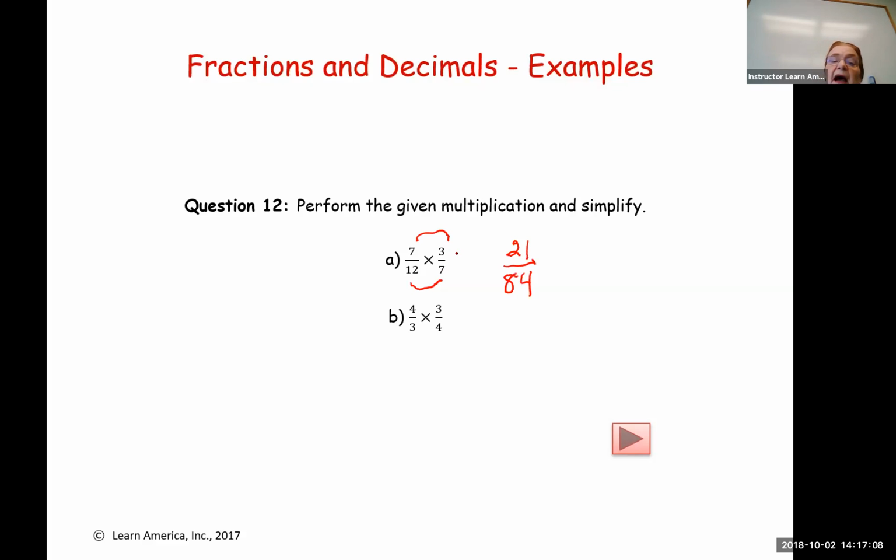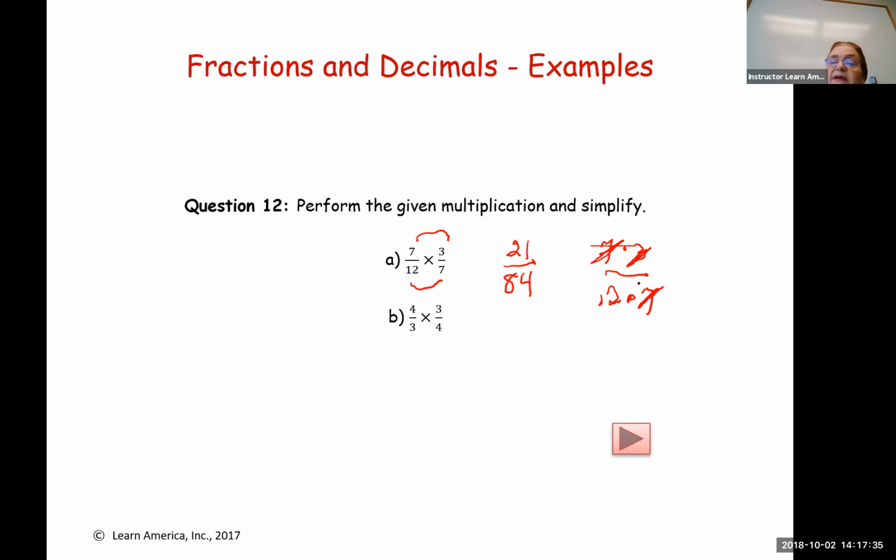But we also have the option, if we see that, for example, we know the numbers on the top are going to wind up on the top of the answer, the numbers on the bottom are going to wind up in the bottom of the answer. So we can always think of this as the 7 is going to multiply the 3, the 12 is going to multiply the 7, and so we can basically divide out from numerator and denominator, what we sometimes refer to as cancellation, divide out the 7s, and we also have a 3 and a 12.